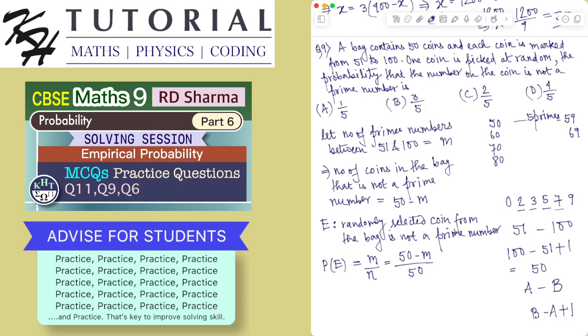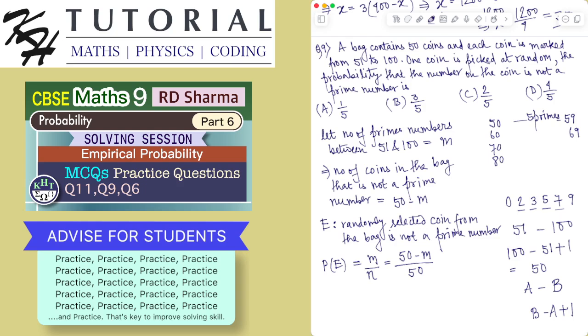The question has asked to find the probability that the number on the coin is not a prime number. To find all the numbers between 51 and 100 which are not prime, you have to know what the primes are.